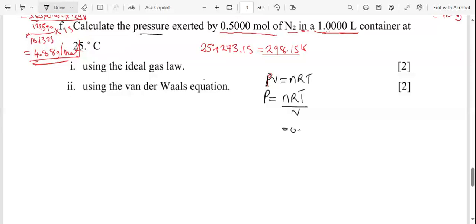Number of moles is 0.5000. Just put everything the way it has come, no need to argue. Then times the gas constant, which is 0.0821, then times the temperature, 298.15, over the volume.